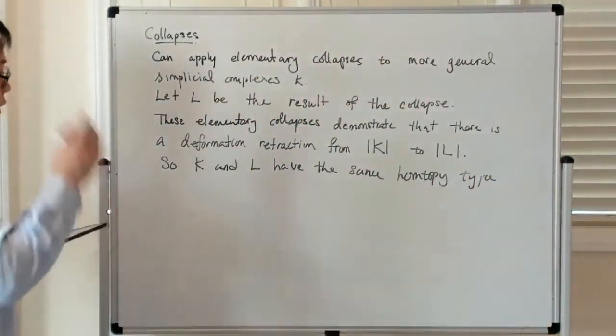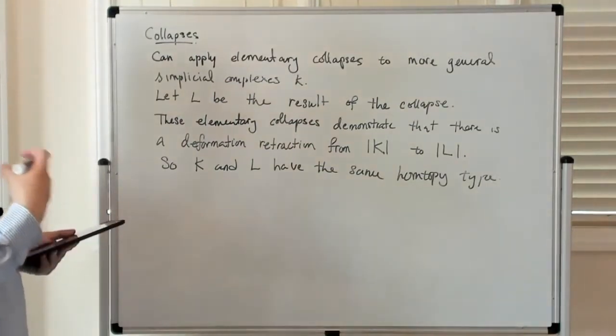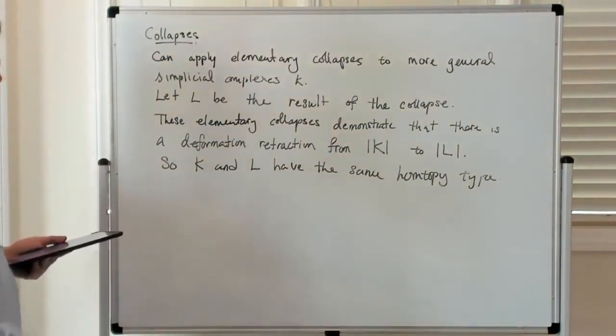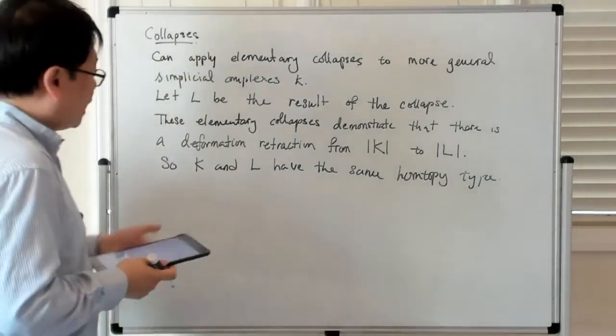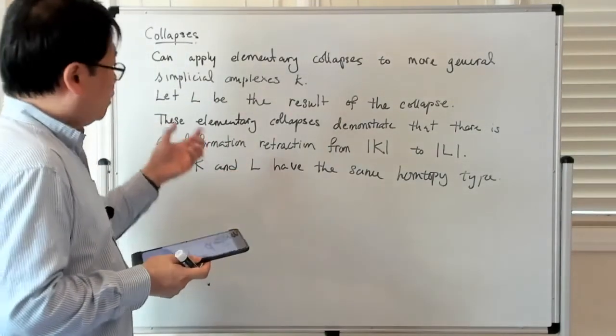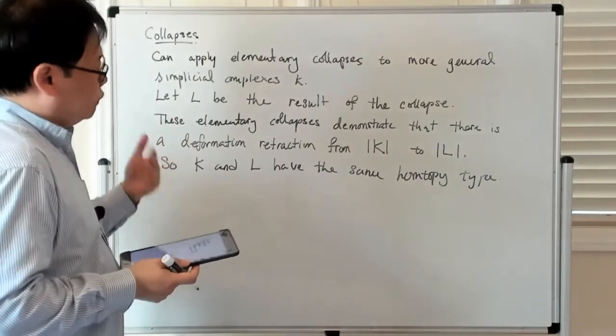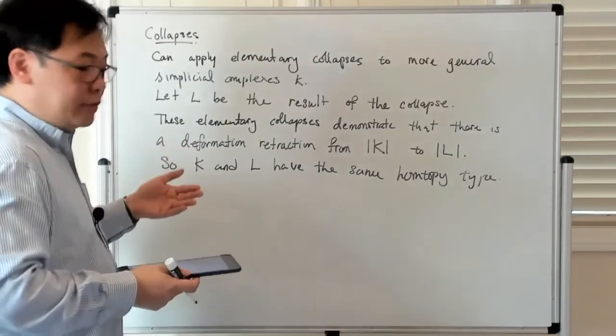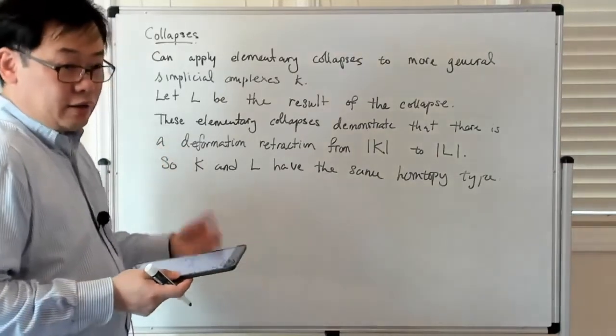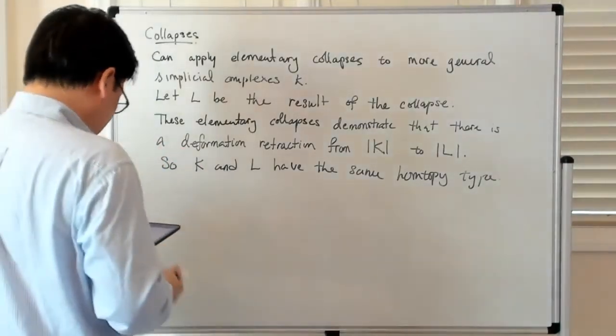And analogous to contracting to a point and referring to that as being contractible, if you have a complex K for which there's a sequence of elementary collapses so that you end up getting a vertex, then we say that K is collapsible.